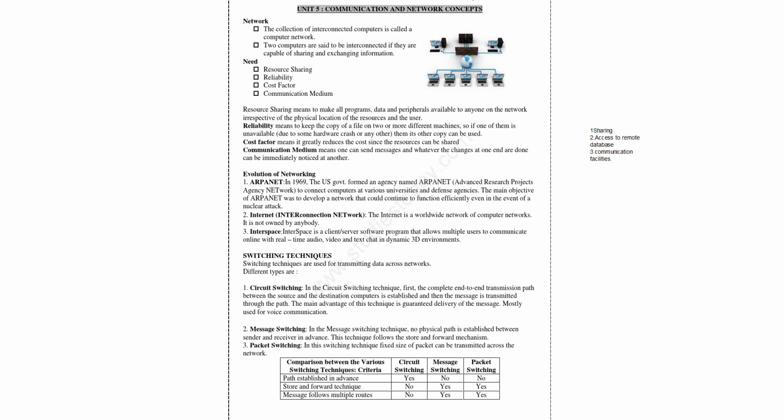The objective of ARPANET was to develop a network that could continue to function efficiently even in the event of a nuclear attack. When ARPANET was introduced, the scientists, engineers and students involved in this project began exchanging data and messages on it. The users of the system were also able to play long distance games and socialize with people who shared their interests.